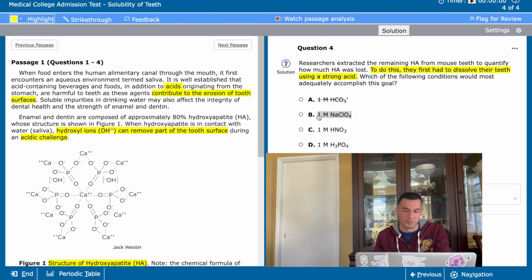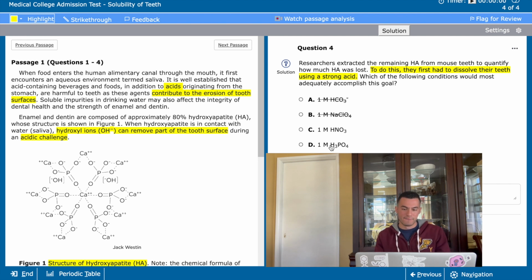So B is wrong too. C, HNO3, or in other words, nitric acid. This is a good answer because nitric acid is one of the many acids we have to memorize in chemistry for known as being strong. Other examples include HCl, sulfuric acid as well. So I'm going to pick C.